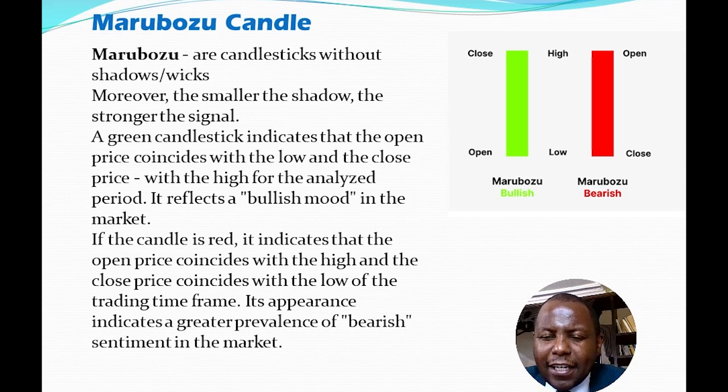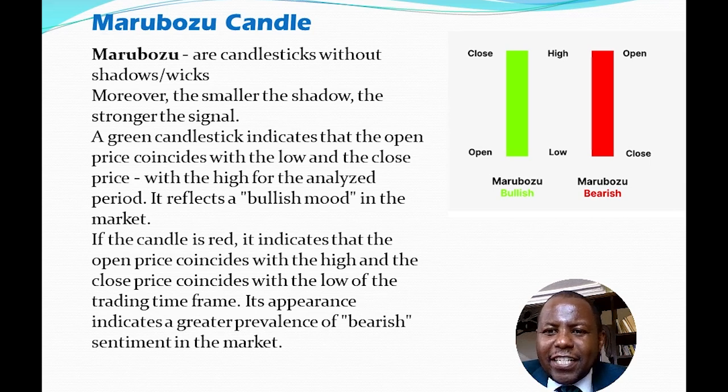So I think I can go ahead and say, according to the second paragraph, a green candlestick indicates that the opening price coincides with the low and the close price with the high for the analyzed period. It reflects a bullish mood in the market.